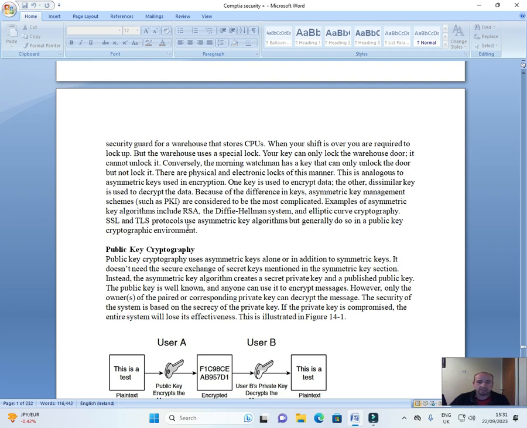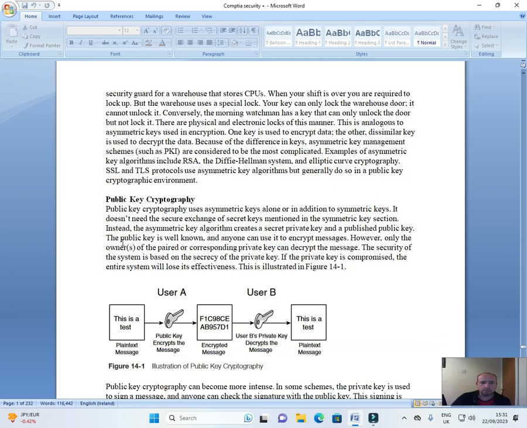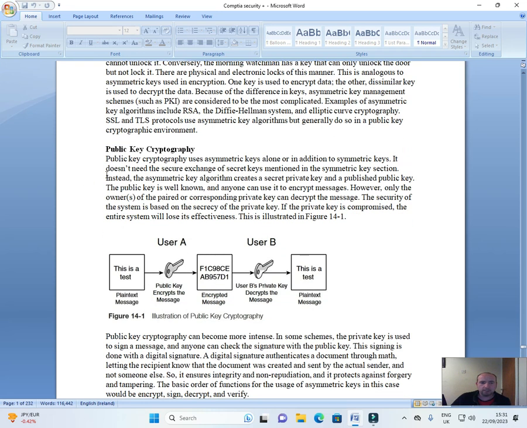SSL and TLS protocols use symmetric key algorithms, but generally do so in a public key cryptographic environment. Public key cryptography uses asymmetric keys alone or in addition to symmetric keys. It doesn't need the secure exchange of secret keys mentioned in the symmetric key section.